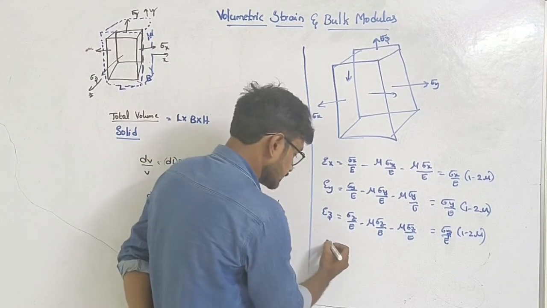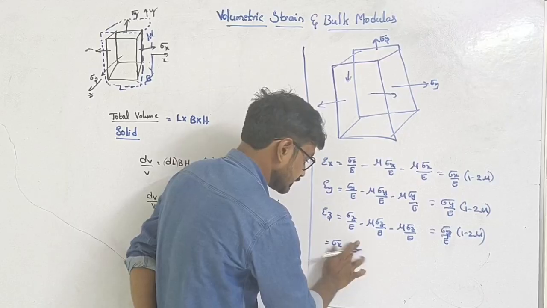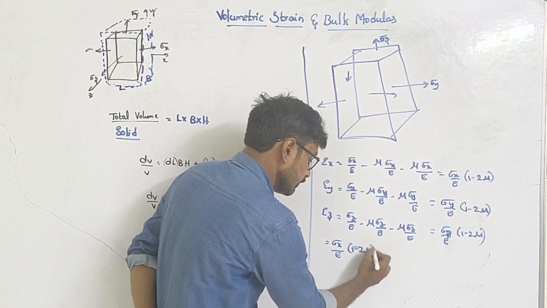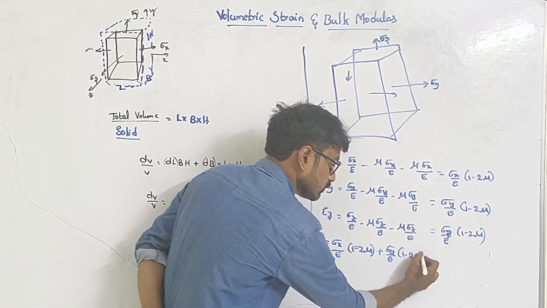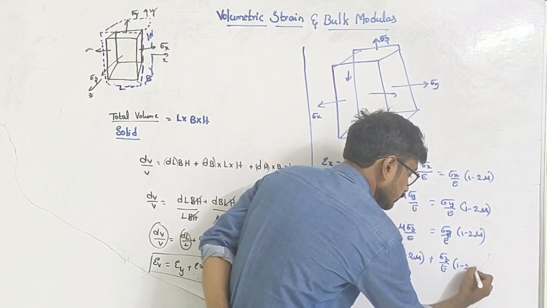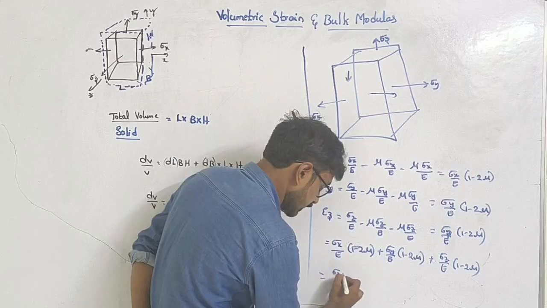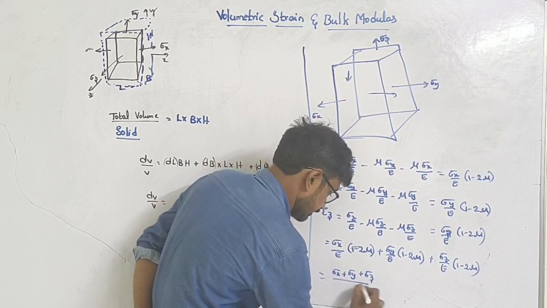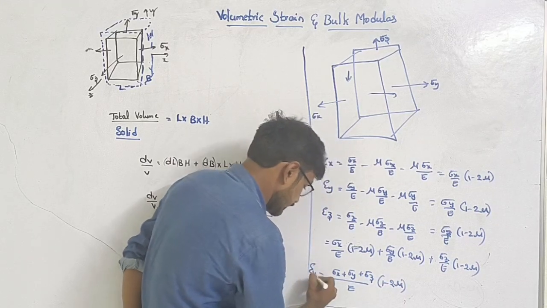So I get sigma x by E into 1 minus 2 mu, plus sigma y by E into 1 minus 2 mu, plus sigma z by E into 1 minus 2 mu. In all these, 1 minus 2 mu is common. So from that we get the volumetric strain as (sigma x plus sigma y plus sigma z) by E into 1 minus 2 mu.